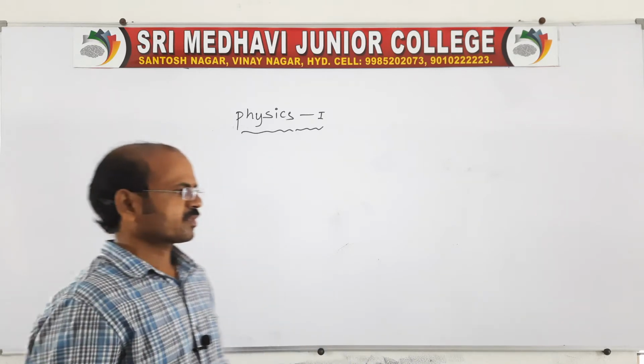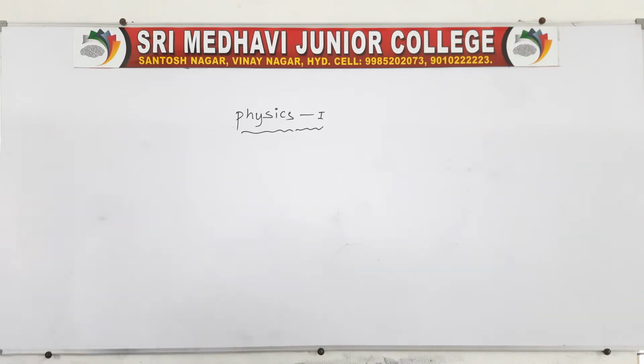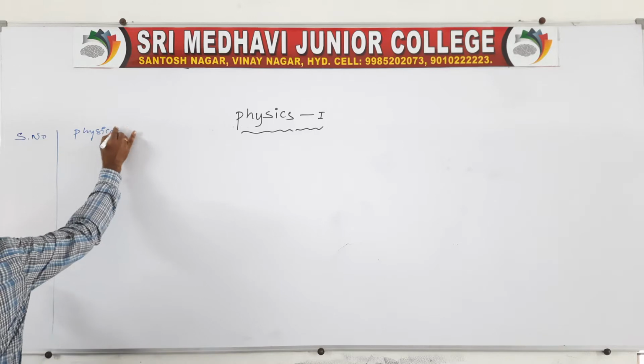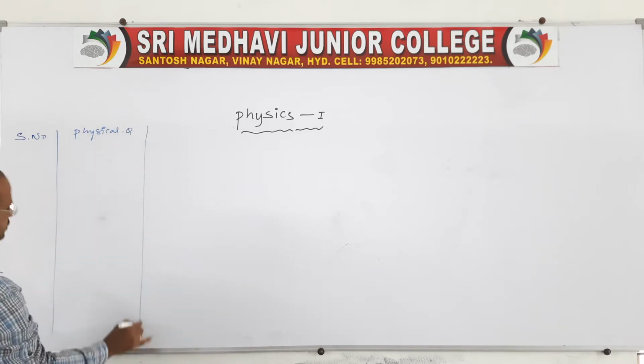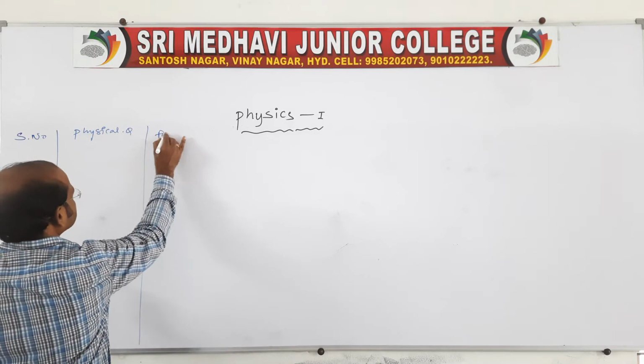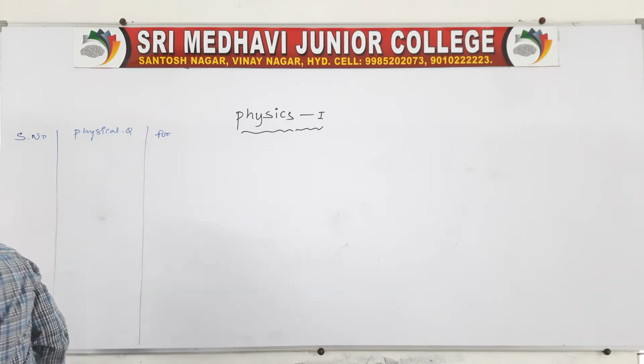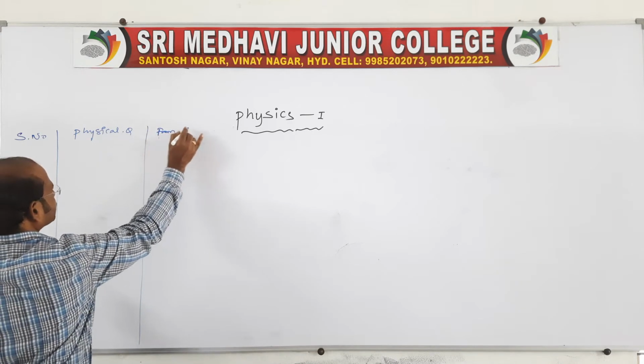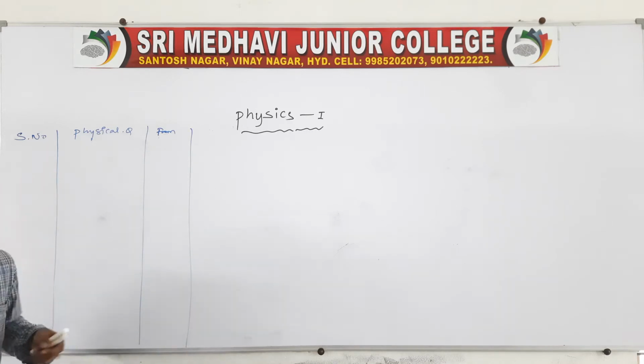Once again, I'll continue the same because we should know the remaining ones also. So you take the same tabular form: serial number, and here you take the physical quantity, right? And the next one, the formula for the given physical quantity.